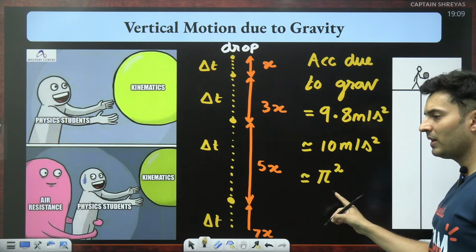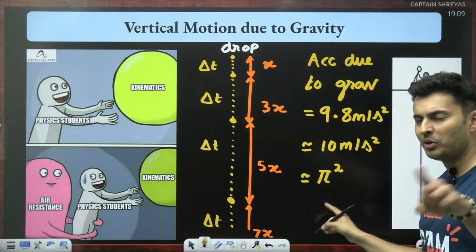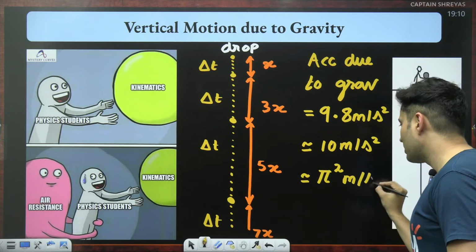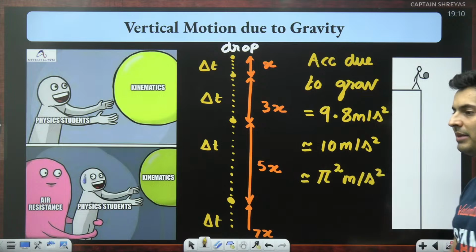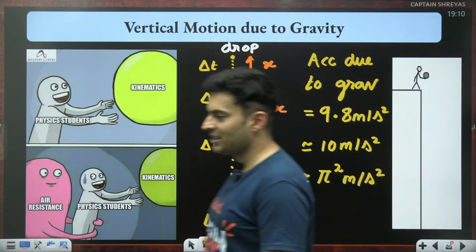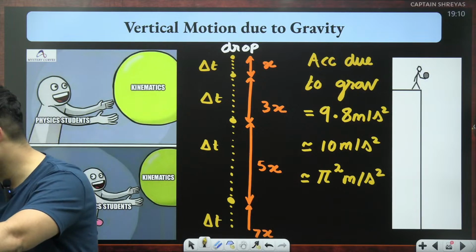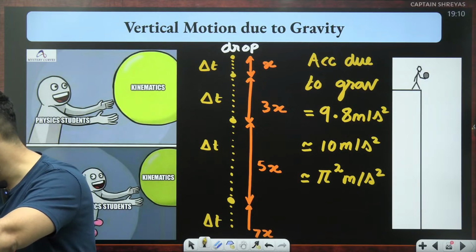Pi is 3.14. So 3 square is 9, 3.14 square will be close to 9.8. So pi square meters per second square is also a good approximation, useful in some problems. So this is the value of the acceleration due to gravity. Projectile motion, next lecture, I will be giving. Okay.